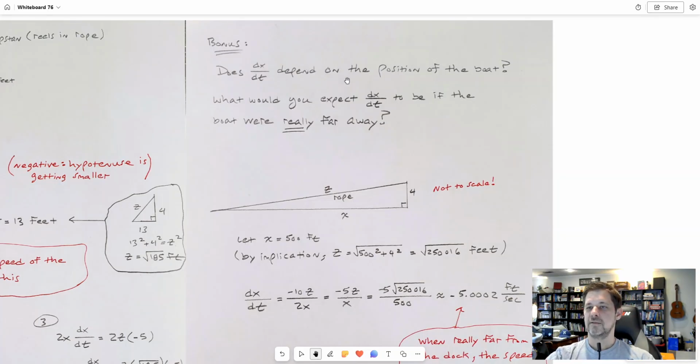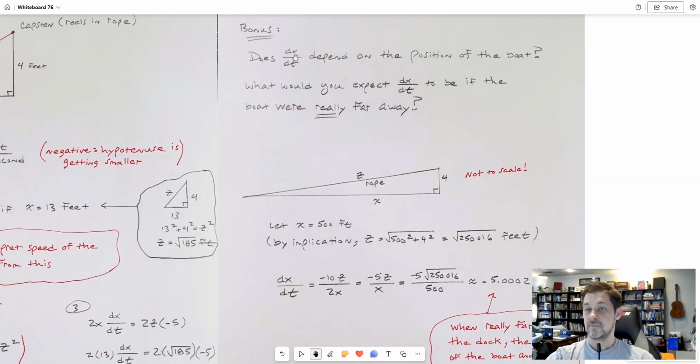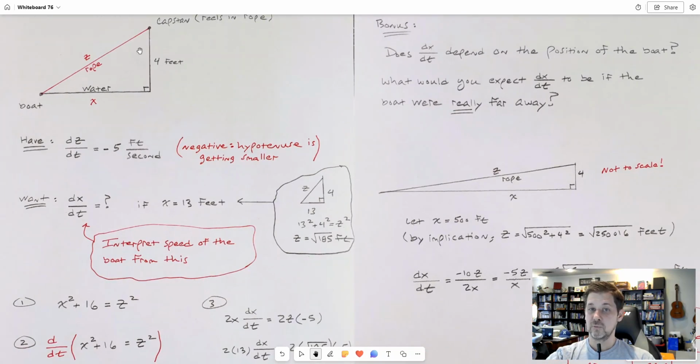So the answer to the first question is, yes, how fast the boat moves depends on its position, even though the rope is being reeled in at a constant rate. No matter where the boat is in space, the rope is being reeled in 5 feet per second.